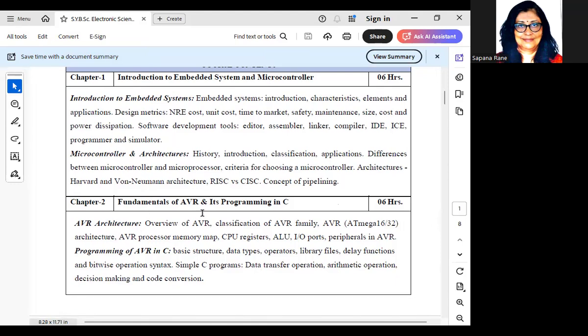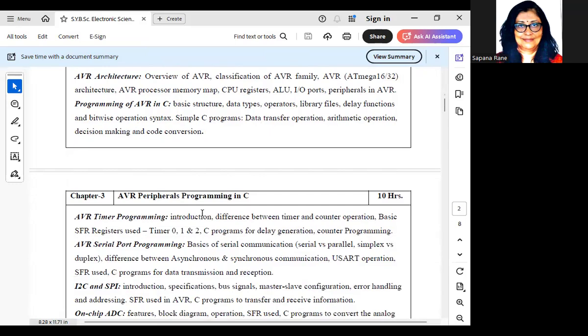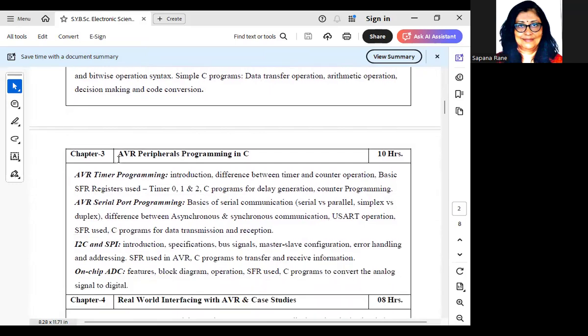In chapter number 2, we will be studying the AVR microcontroller and basics of programming the AVR microcontroller. In chapter number 3, we will be studying programming the AVR microcontroller using embedded C.